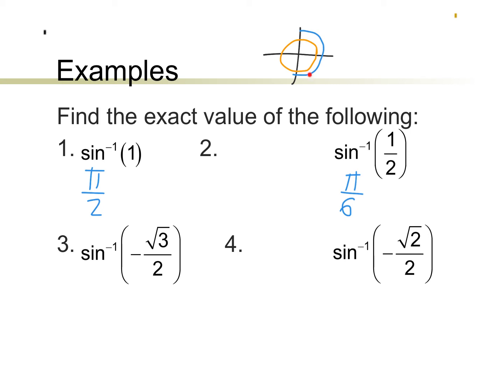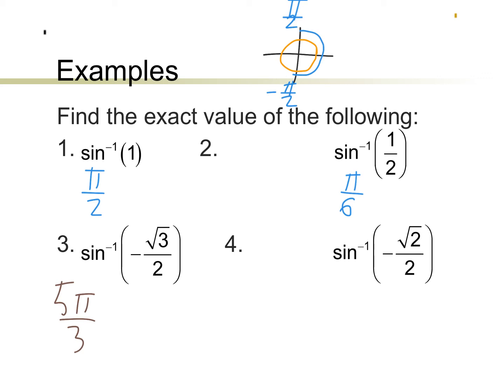Now, I know what you might be thinking. 5 pi over 3, that's inside of our desired quadrant 4. Therefore, it must be 5 pi over 3. But here's the thing. 5 pi over 3 is greater than our restricted domain of pi over 2.